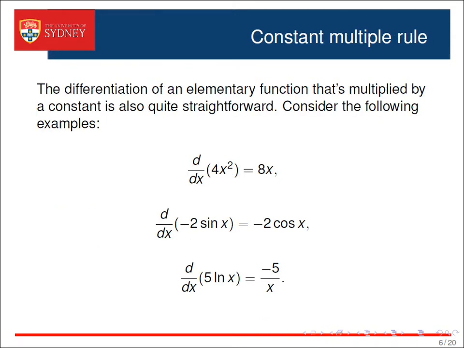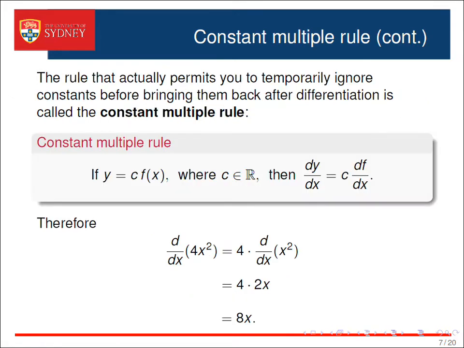The differentiation of an elementary function that's multiplied by a constant is also quite straightforward. Observe the following examples. But again, to be rigorous, the rule that actually permits you to temporarily ignore constants before bringing them back after differentiation is called the constant multiple rule.